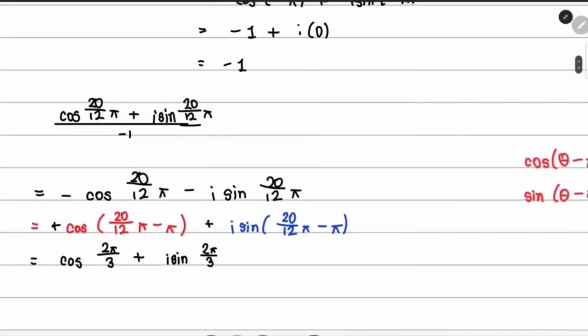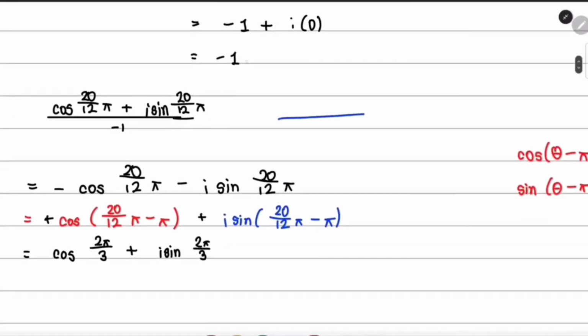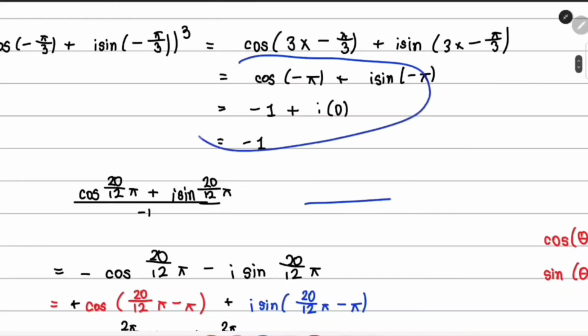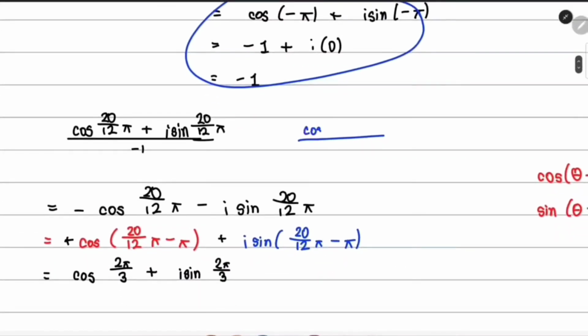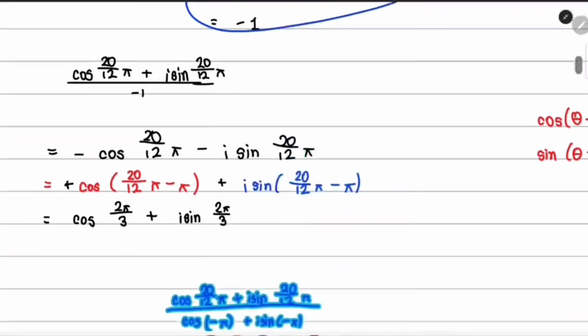Another way to have done this problem is, instead of calculating this minus 1, I could have kept it in this form. I'll do this down below.